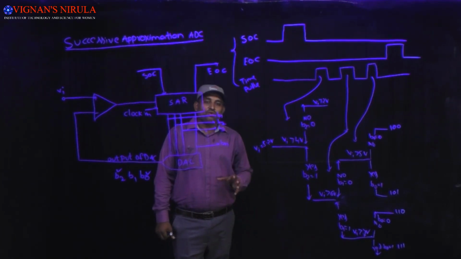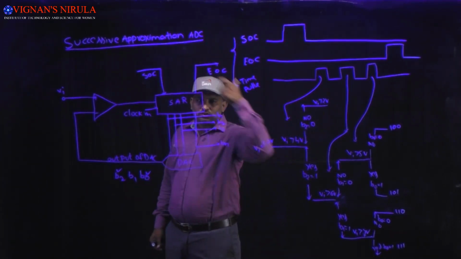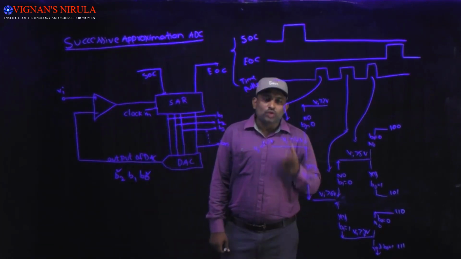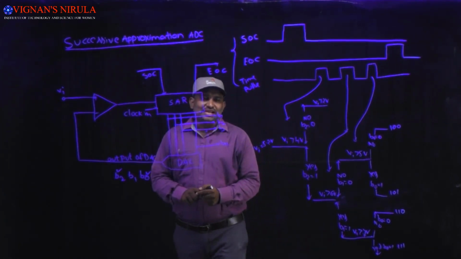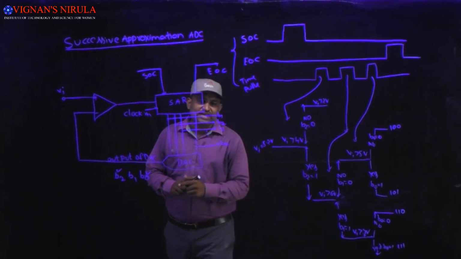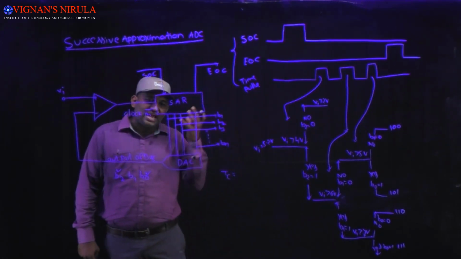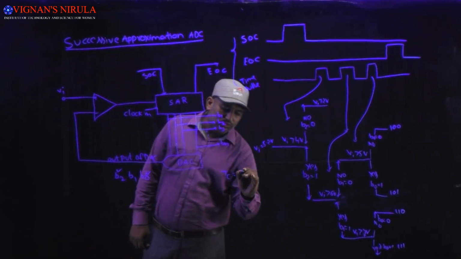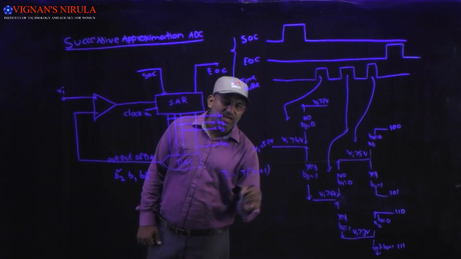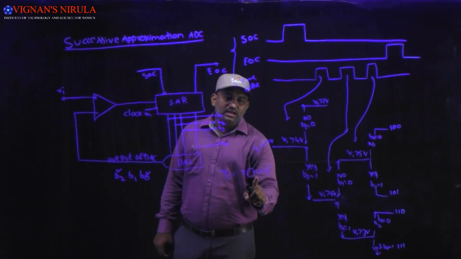So finally what I want to conclude is, by using this process we get the analog to digital value. You have to remember that the time period of the analog to digital conversion depends upon two factors. TC, the total conversion time from analog to digital, is equal to T into N plus 1, where T is the time period and N is the number of bits.